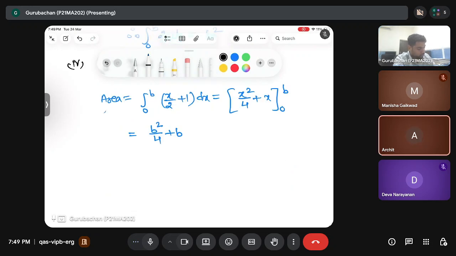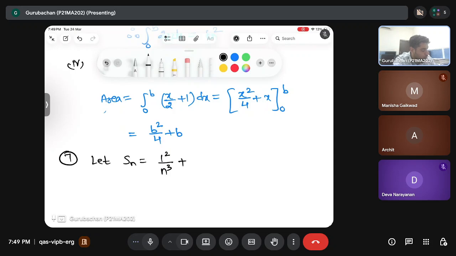Yes, sir. So the next one is a different form of this series sum. One thing is we can calculate the definite integral with this series expansion, you can see that. But there is a reverse case also. I am giving you some series: 1 square by n cube, 2 square by n cube, up to (n minus 1) square by n cube.